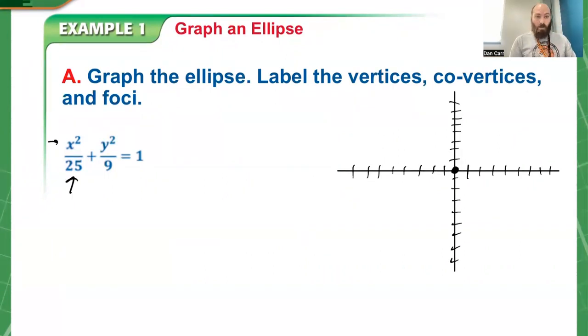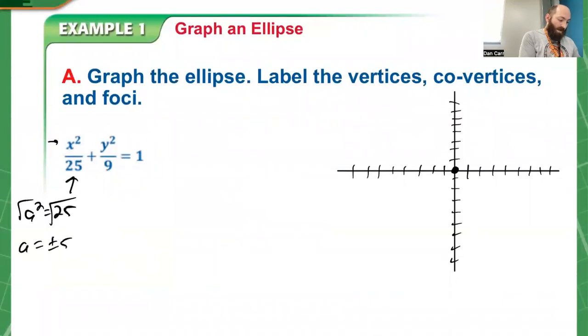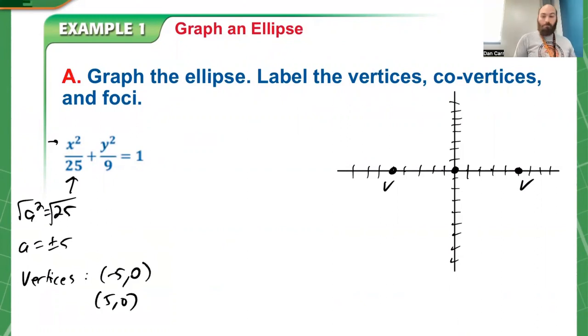If a squared equals 25 and I square root this, a is equal to plus or minus 5. From the center of 0, 0, I'm going to go 1, 2, 3, 4, 5 to the right, 1, 2, 3, 4, 5 to the left. There's my vertices. I'll just put a V and a V for now. So I get negative 5, 0 and 5, 0.